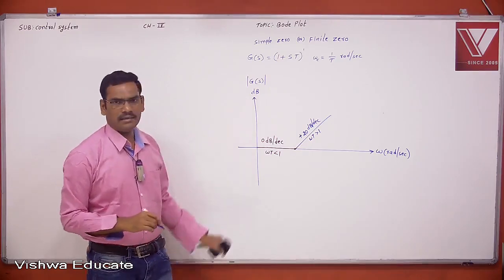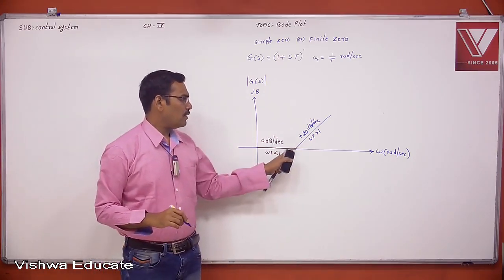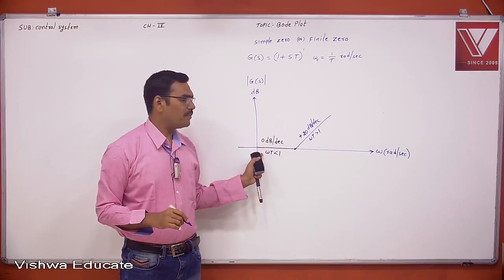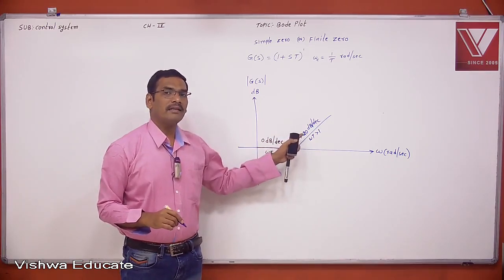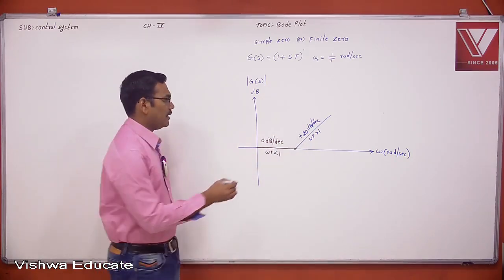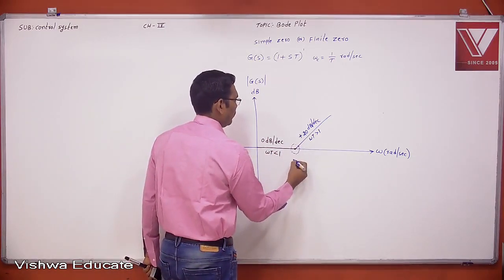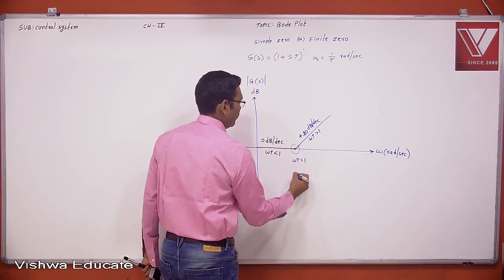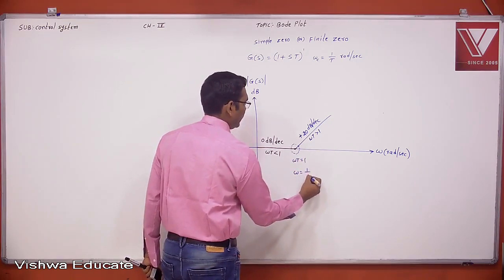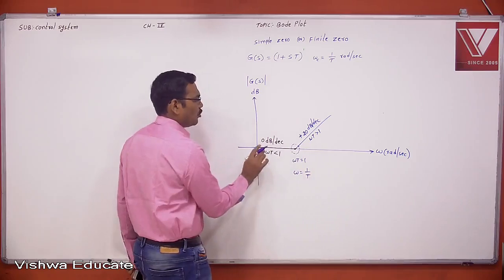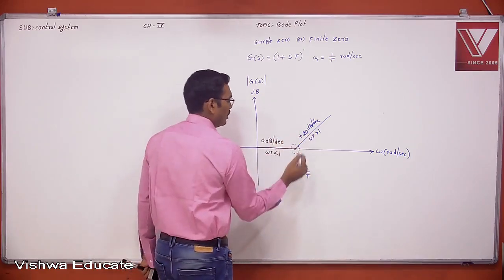This we already saw the proof of. When omega T is less than 1, 0 dB per decade. When omega T is greater than 1, 20 dB per decade. Now this transition frequency, when omega T equals 1, means omega equals 1 by T, is the frequency where the slope is changing from one level to another level.